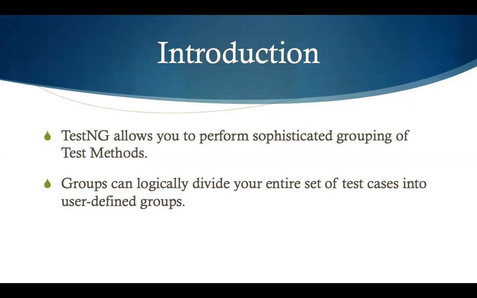If I want to give testing shastra as a group name, I can give that to the test cases. Whatever test cases I assign to that particular group can be identified by that group name, and the test case will belong to that group only, and it will be automatically identified by TestNG.